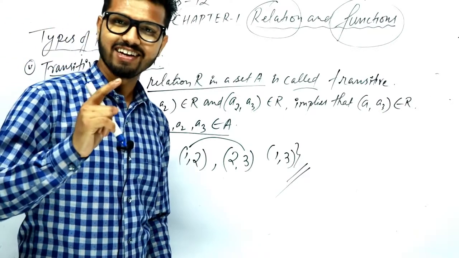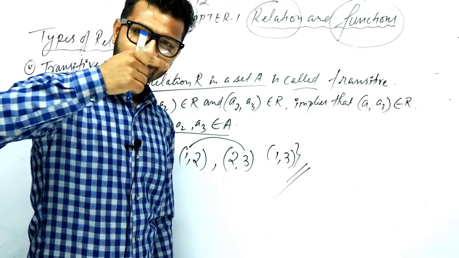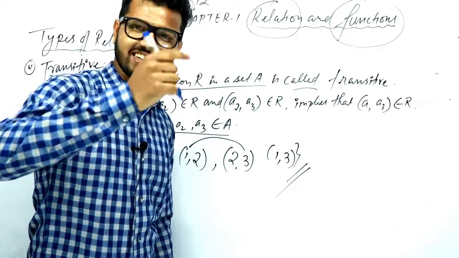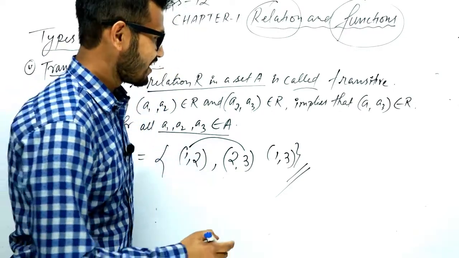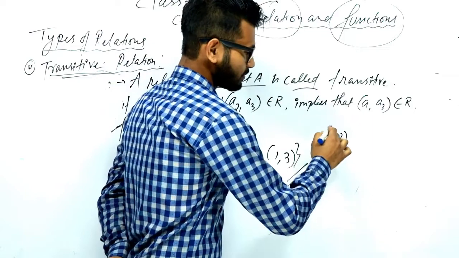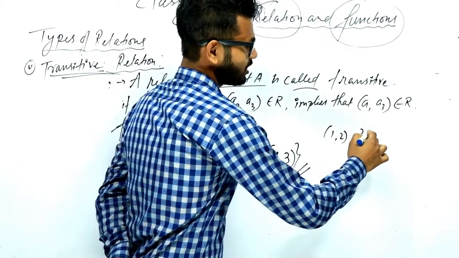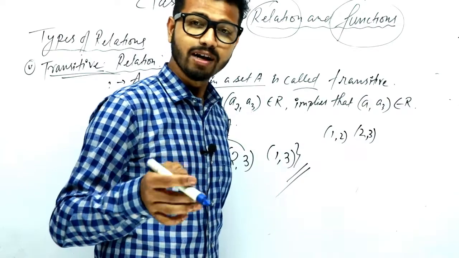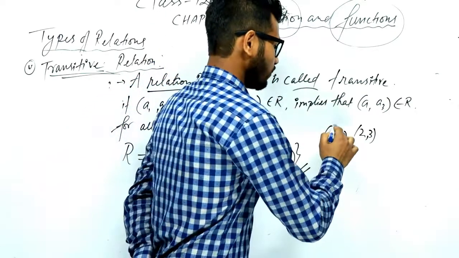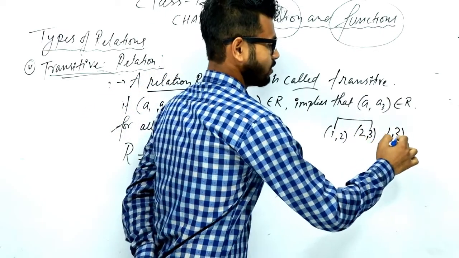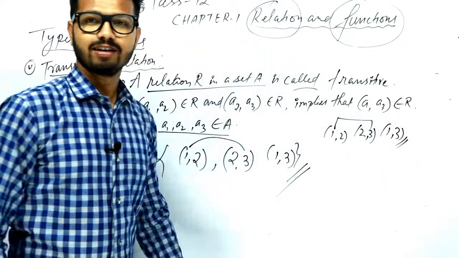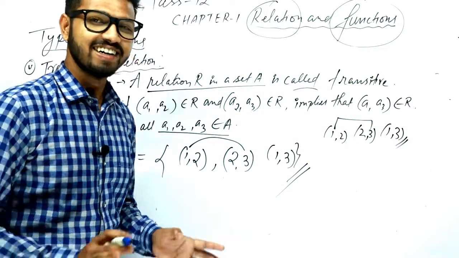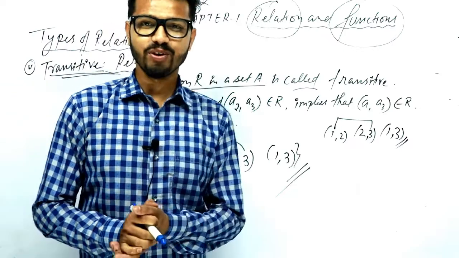I hope it is clear. 1, 2, 2, 3, 1, 3. If 1, 2 is present and 2, 3 is present, there must be 1, 3 present. Then it is a satisfied transitive relation. I hope you got it.